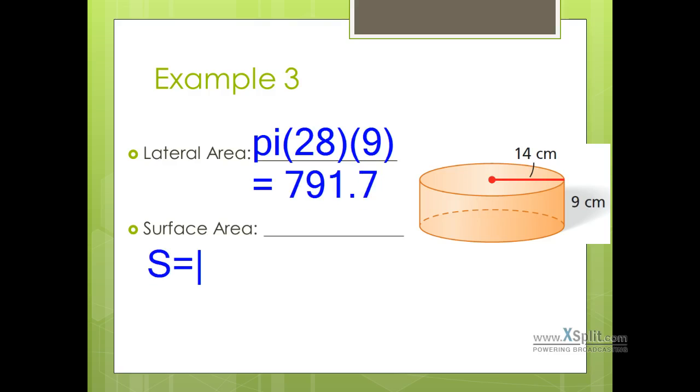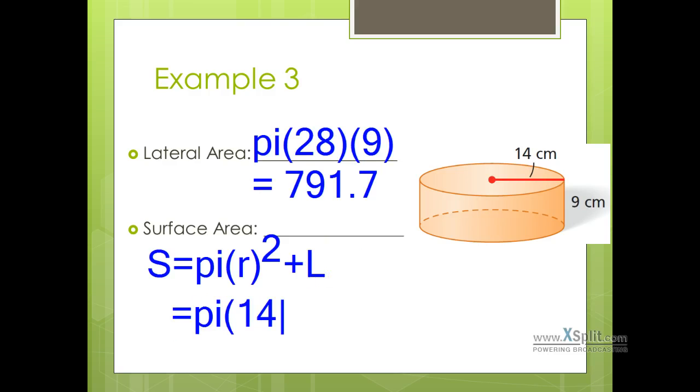Surface area, remember we said pi times r squared, and then we'll add on the lateral area. So we'll go ahead and do pi times 14 squared, and we'll add on 791.7.